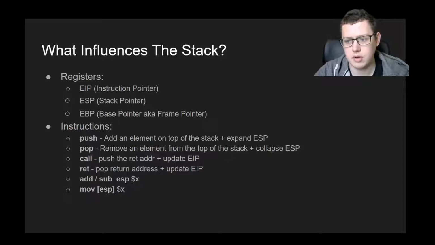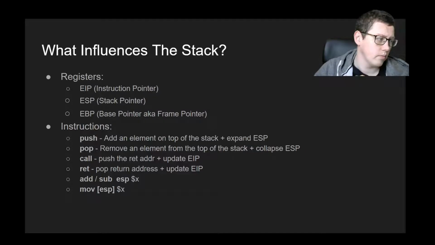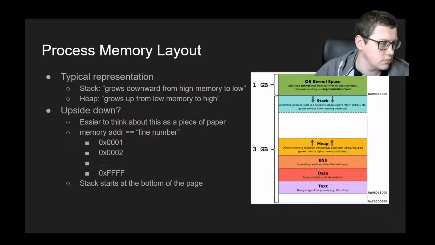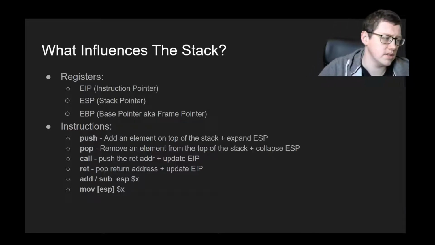We've also got the stack pointer, which points to the top of the stack, and the base pointer, which is also known as the frame pointer, depending on which resources you're reading from. That contains the address at the bottom of the stack frame. Actually, it's not. It's slightly off.